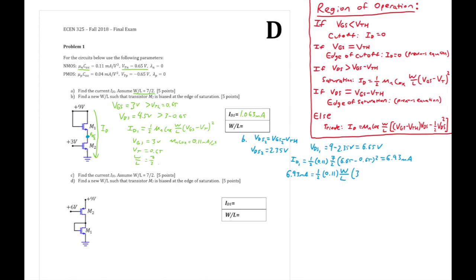The voltage drop from the gate to the source is 3 volts, minus 0.65 squared. And now you can algebraically manipulate this to solve for W over L, and that W over L is equal to, let's just divide everything over onto the other side. So you get 6.93 divided by 1 over 2 times 0.11 times (3 minus 0.65) squared.